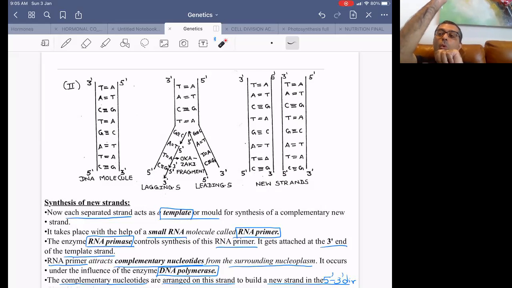On the other strand, the template with 5 to 3 polarity, a 3 to 5 new strand formation will not take place. No new strand formation will take place, approximately 3000 nucleotides. 5 to 3 template, 3 to 5 new strand is not taking place.